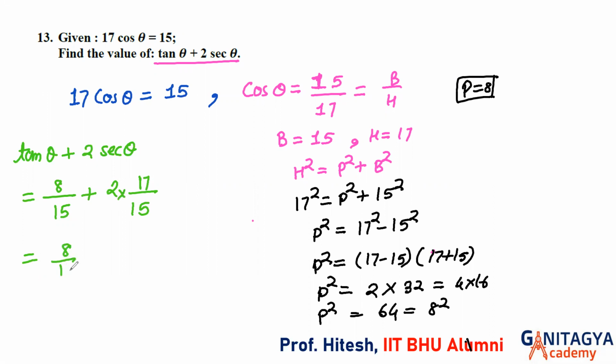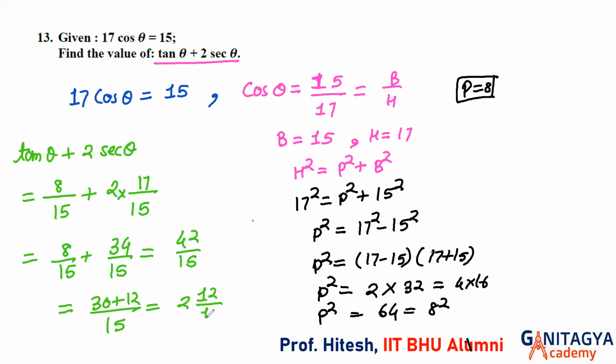So it is 8 upon 15 plus 34 upon 15. So it will be 42 upon 15, isn't it? So I can write it 30 plus 12 upon 15, that is 2, 12 upon 15. Okay, write it down. Let me know when done. Let me clear this. This is done.